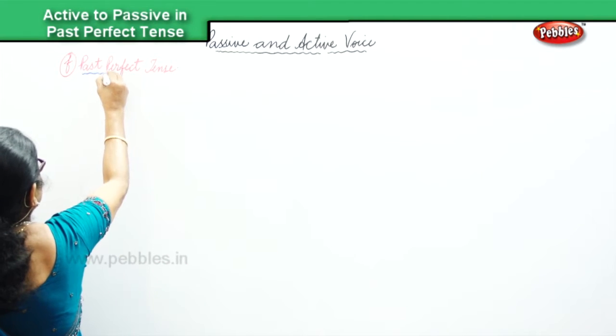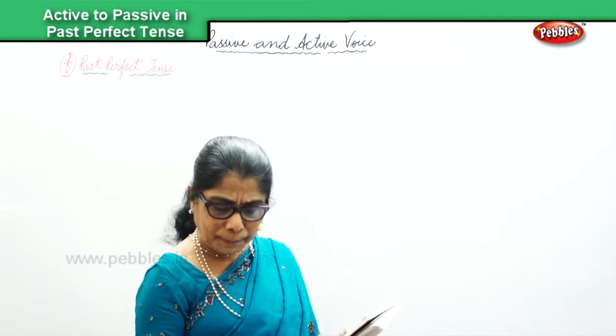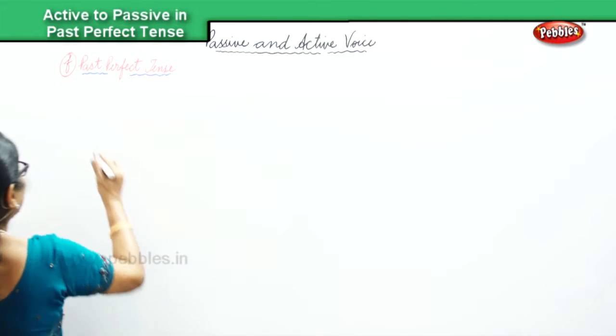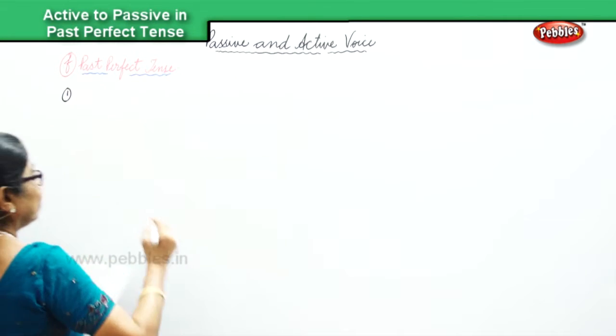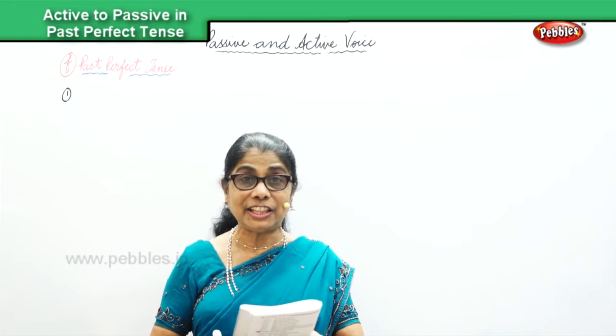In the past perfect tense, we'll see a couple of sentences to recall to our mind what we have already been taught. Okay, the first sentence I have here for you is, the noise had frightened the horse.